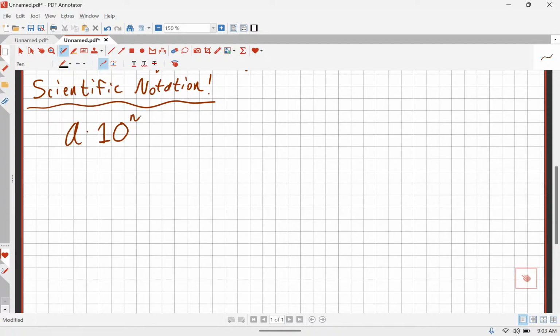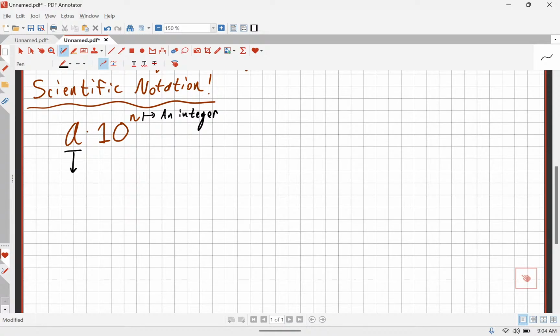The first rule you're probably not going to be too upset about. The n has to be an integer. That is, it has to be a whole number or the opposite of a whole number. Like it could be 0, it could be 12, it could be negative 739. It could be any of those, but it can't be like 4.5. But I don't think you guys will complain about exponents not being allowed to be decimals. Because that's next year you have to deal with that.